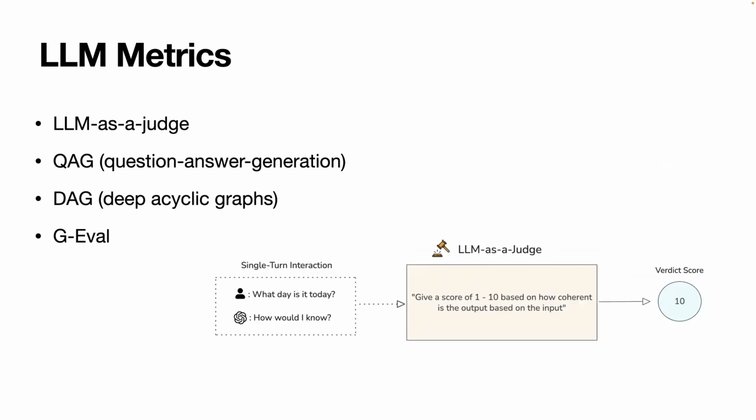You provide some kind of interaction or question and ask another LLM to give a score. And this way, if you have a nice data set, you can gather your average and get some number back. Other popular metrics are question answer generation, DAG and G-Eval.